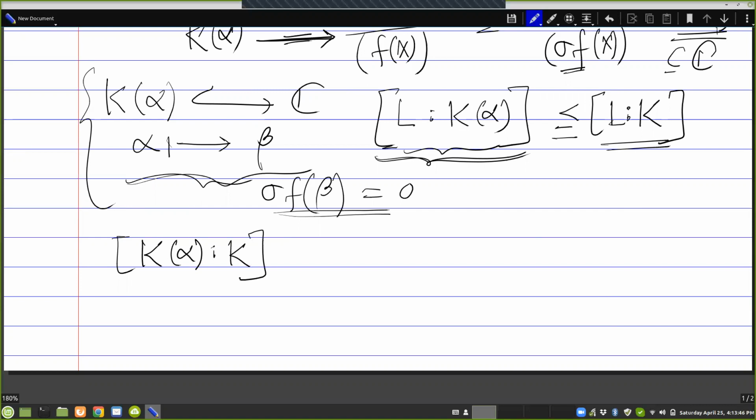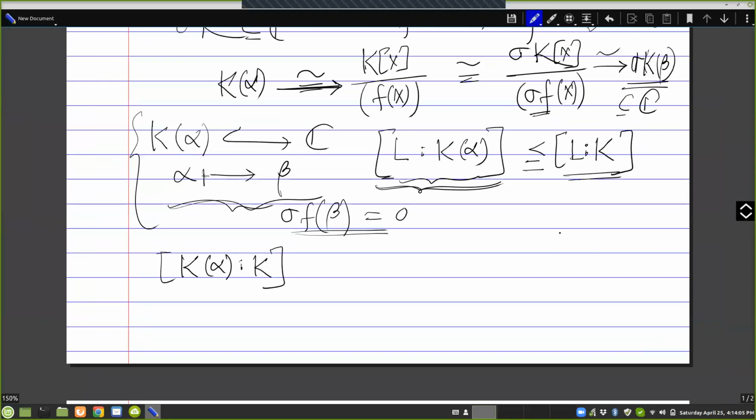This is because any alpha should go to a root of sigma f, and the number of roots is the same as the degree of the extension. Therefore any sigma can be extended to an embedding of k alpha. So first you have an embedding of k, then we extend that embedding to k alpha, and that can be done in exactly this many ways.